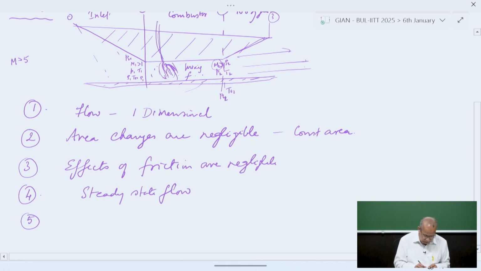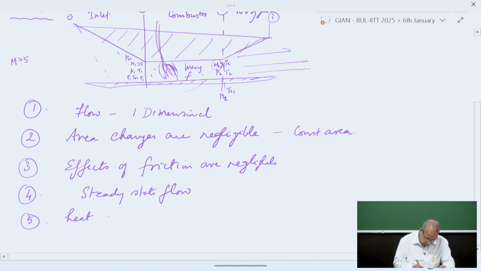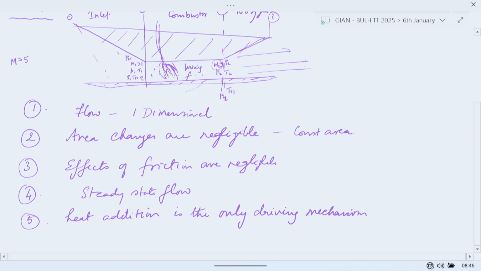Then the key assumption is that there should be some driving force that causes the flow, and that assumption is heat addition. Heat addition is the only driving mechanism for this flow to take place in the combustor. So we have made some assumptions here. Based on these assumptions, we are going to construct a model.